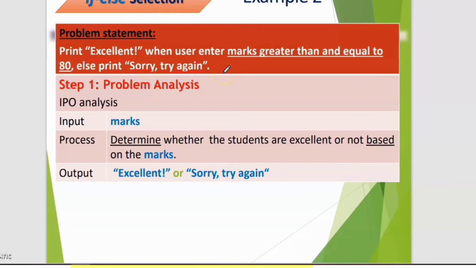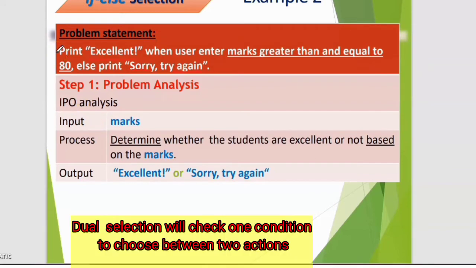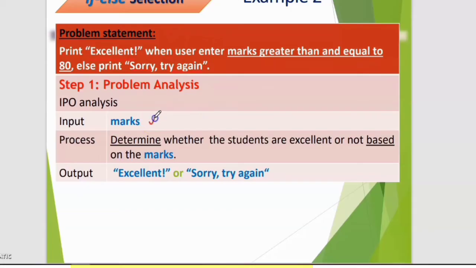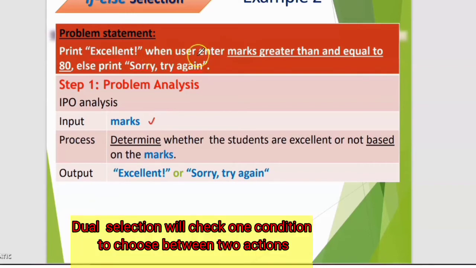So the first step, you have to do the IPO analysis. For input, to print these display messages, excellent or sorry, try again, we need the marks. So here when the user enters marks, the input is marks.